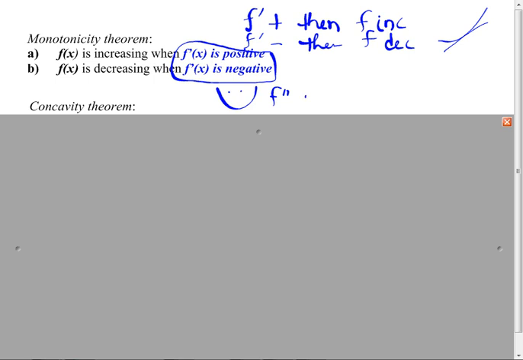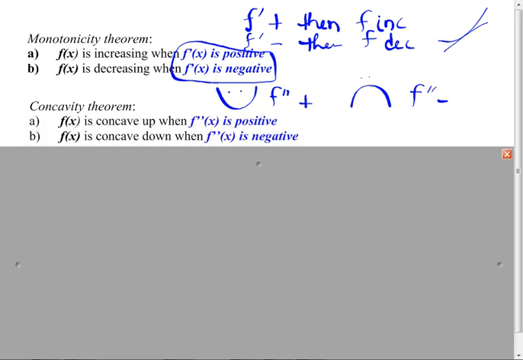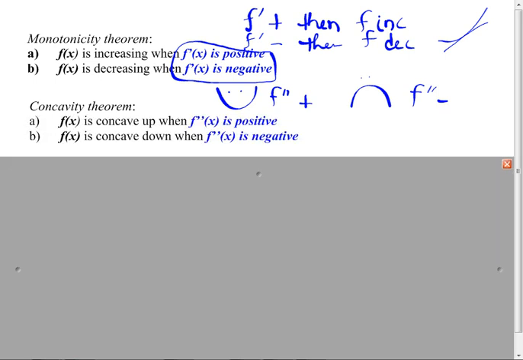You're positive, right? What if you're concave down, like a frown? That's right. That's what they call the concavity theorem. I'll post all this, by the way. Inflection points is on the sheet twice, sorry. Okay? That makes sense?